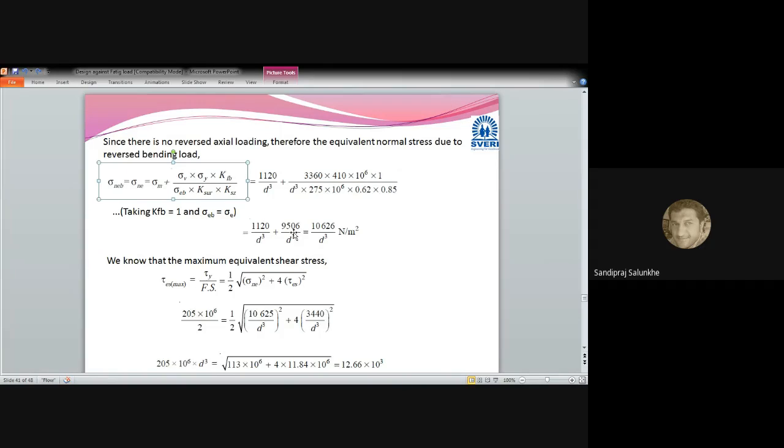Now this value we have got as 10,626 divided by d cube Newton per meter square. Just as we calculated in terms of shear, we have now calculated it in terms of principal stress.